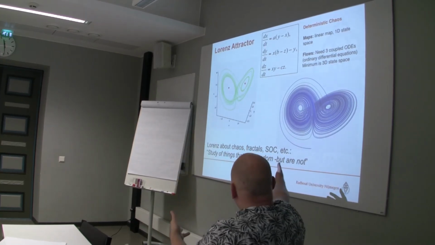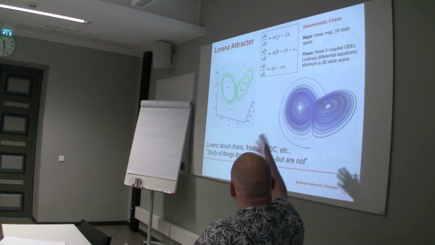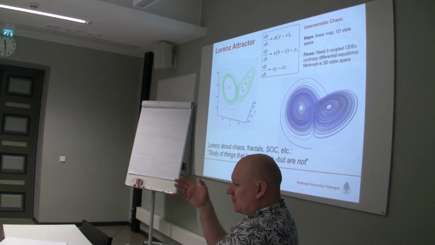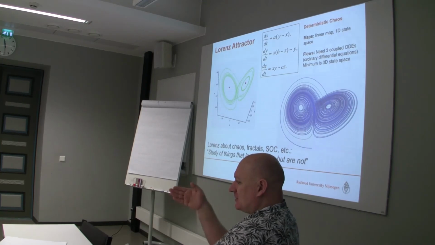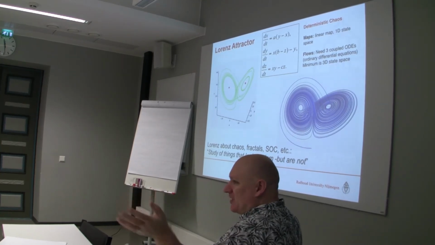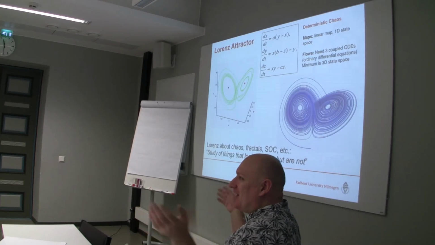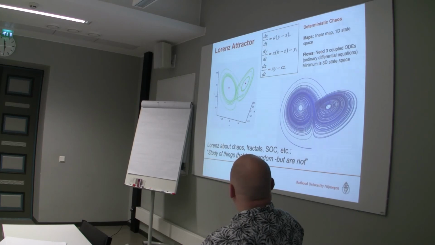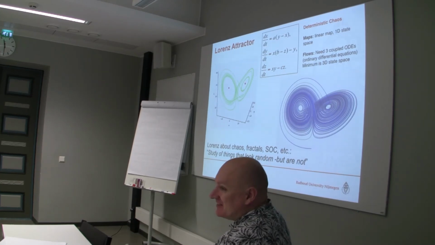And this led to the famous expression that this difference in initial conditions, that's like a butterfly flapping its wings somewhere or not, can decide whether on the other side of the world you have a hurricane or not. Right?